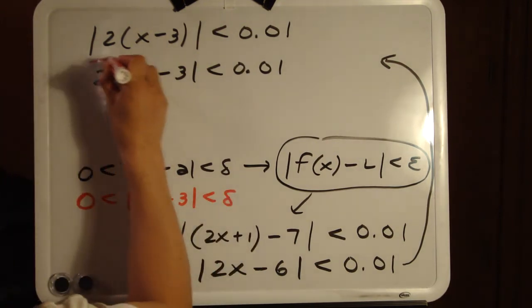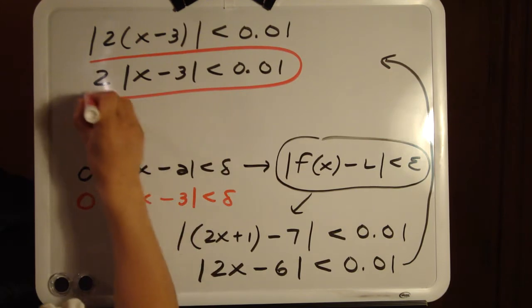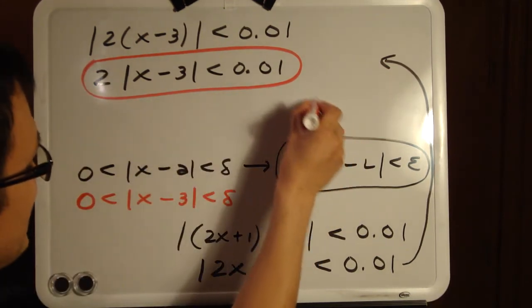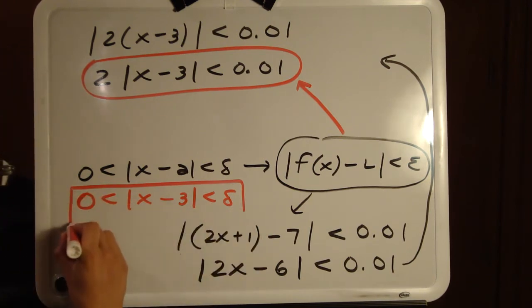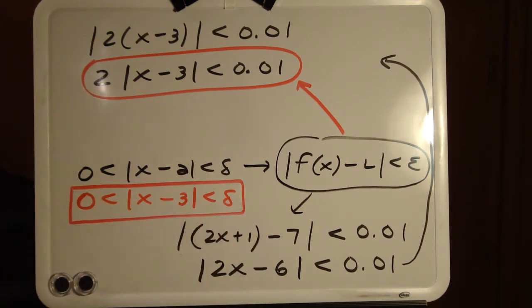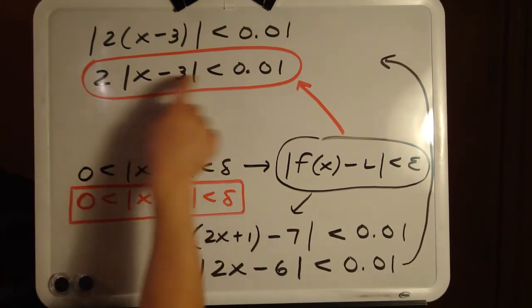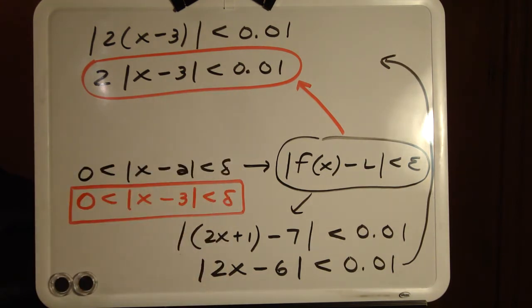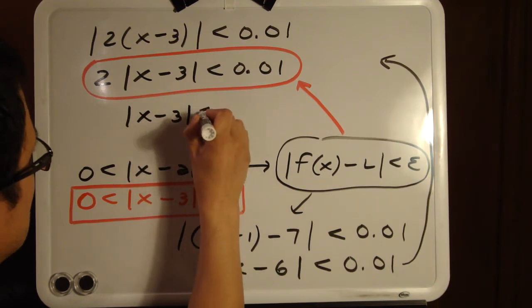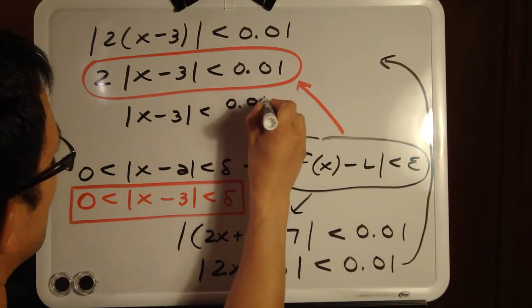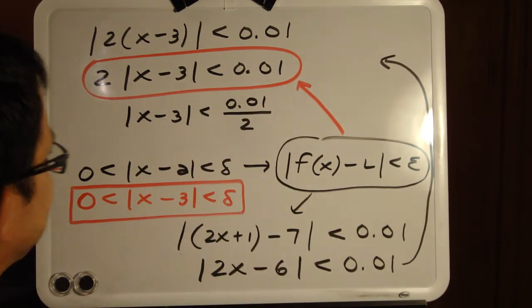So if you look at this inequality that we have here, and this was a result of playing around with this one, it has a very similar structure to the original part. Okay, so we can connect these two just by dividing both sides by 2 here. So here we have absolute value of x minus 3 is less than 0.01 divided by 2.